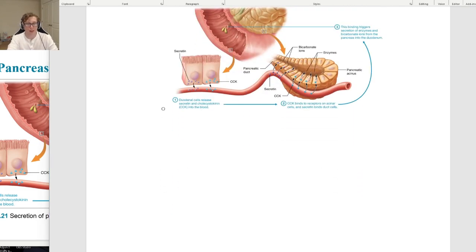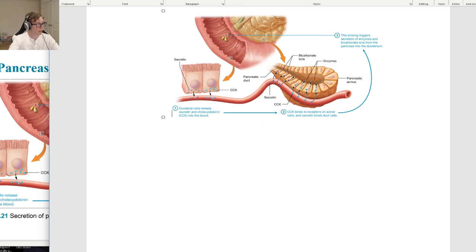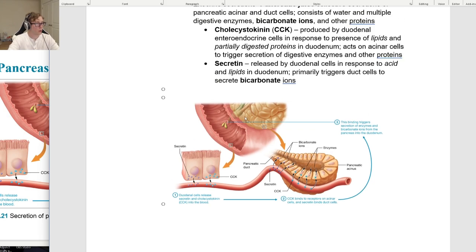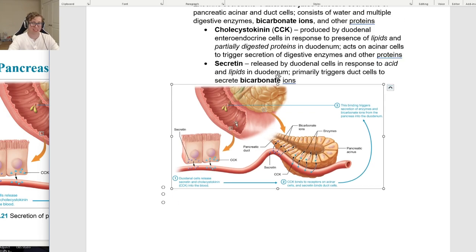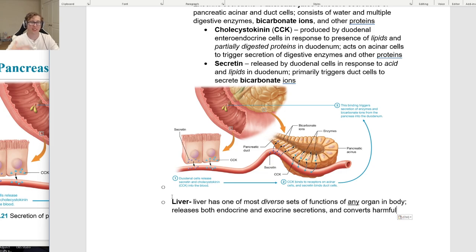Now, that's pancreas. Liver time. Now, we all saw how massive the liver was in our fetal pig dissection, and it's because the liver is so important. It is one of the most diverse organs in the body.